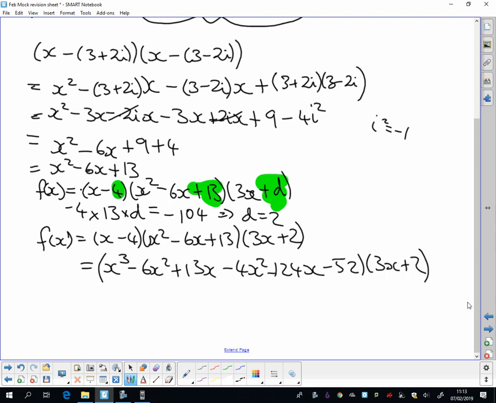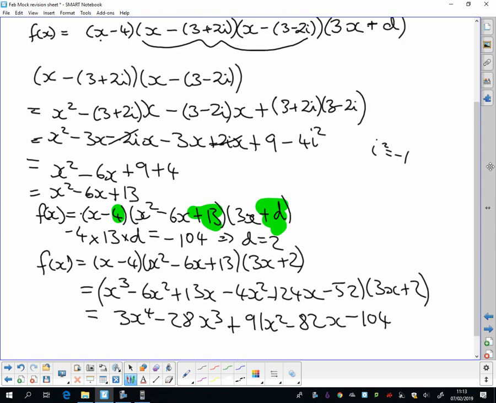And then I can multiply the other brackets together. If you fully expand it, you should get to 3x to the 4. Then have a look and make sure you answer the question.